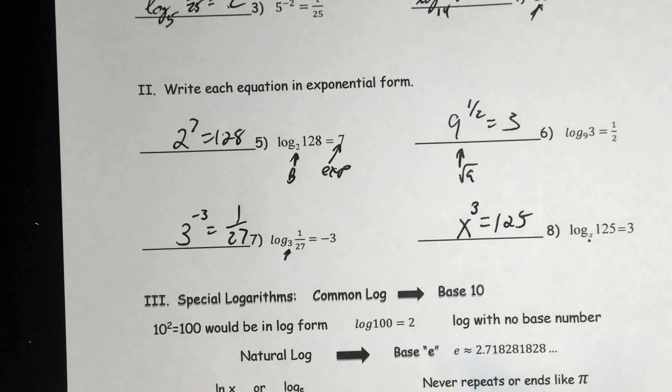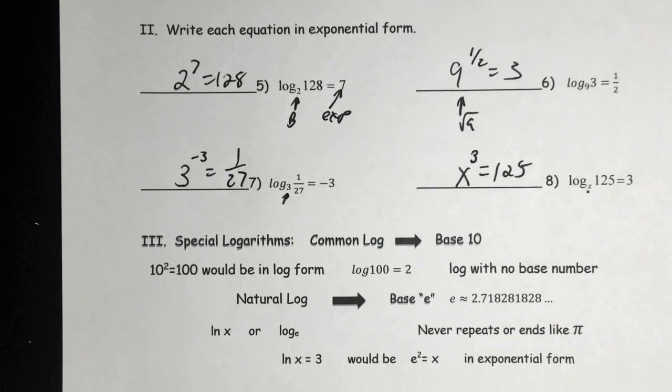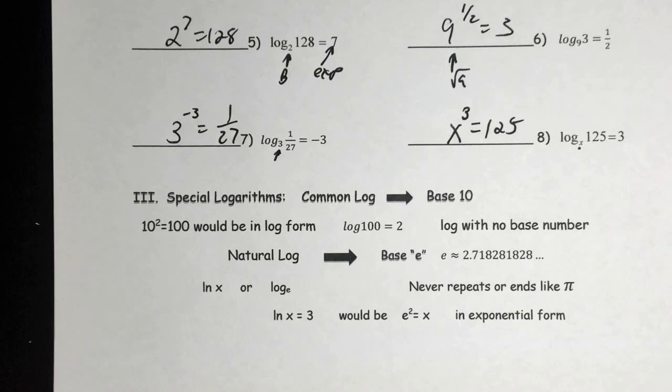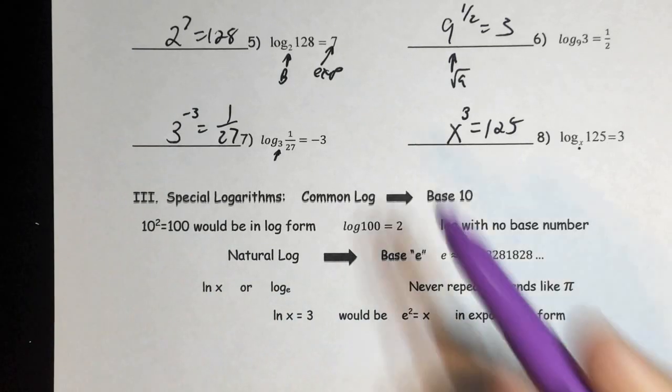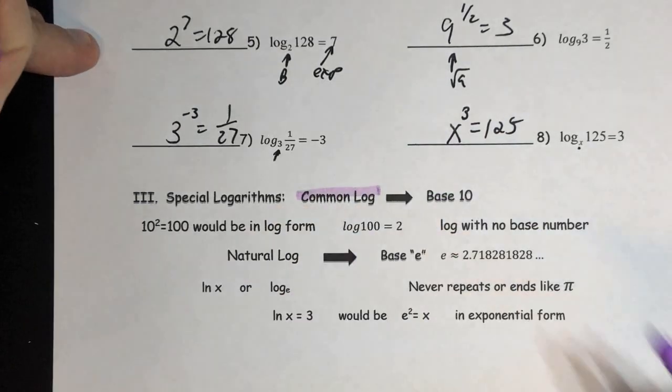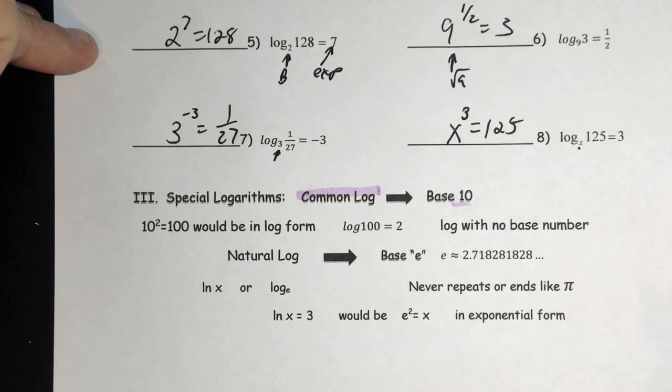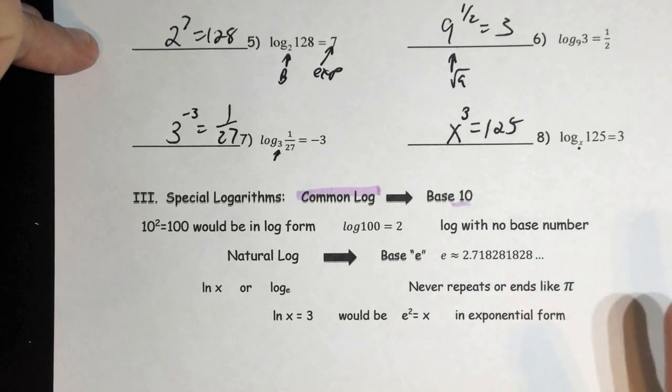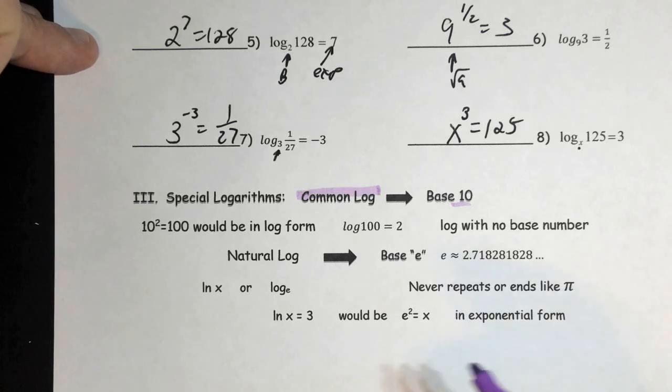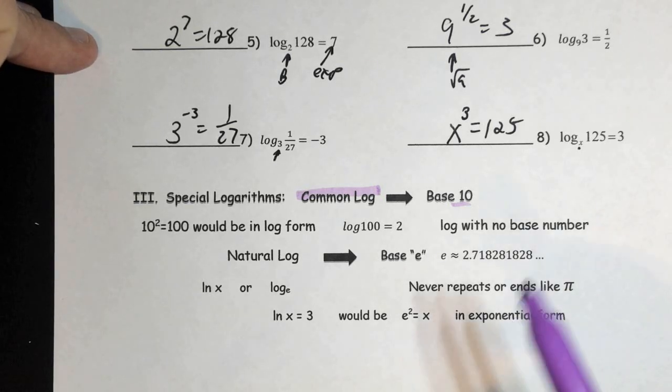Now, there are two special logarithms. There's nothing here for me to write because I have it all in here, but I want to explain it to you. The two special logarithms are common logs, and a common log is in base 10, which is like your numbering system, your dollars and cents. That's all base 10 stuff.